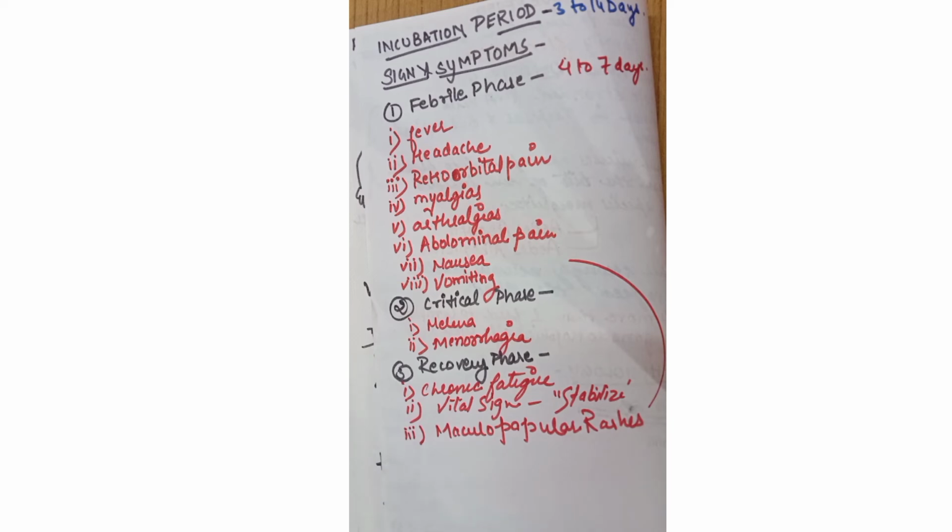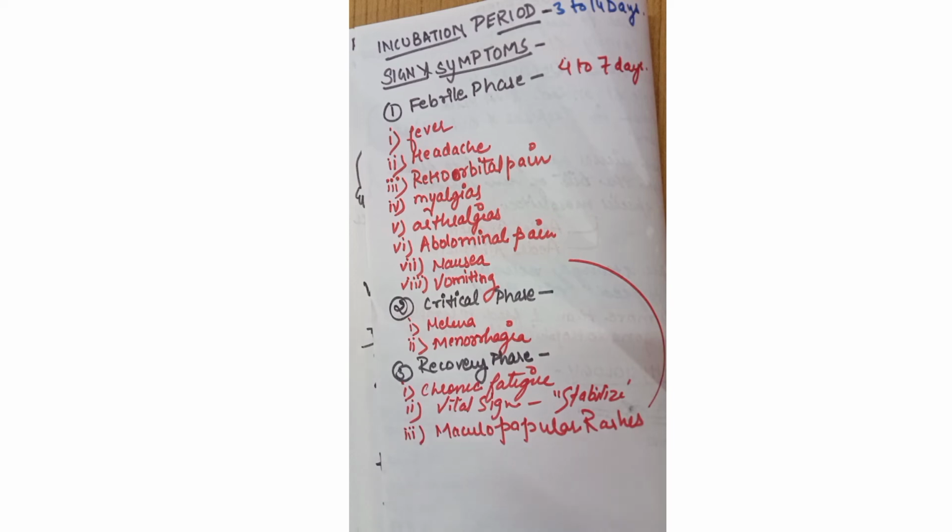Then the recovery phase. In the recovery phase we will see chronic fatigue in the patient, and there will be the resolution of vascular permeability. The permeability which we have discussed earlier in the pathogenesis will be resolved in this phase.